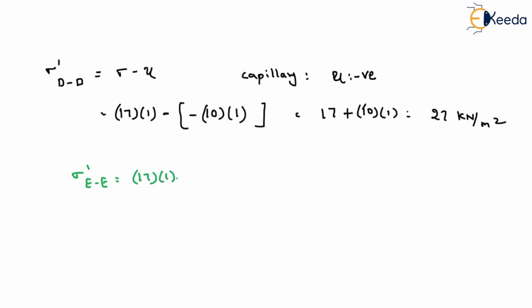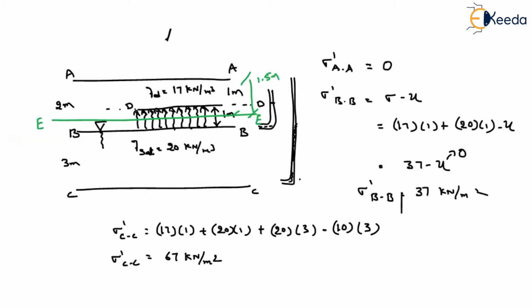17 into 1 plus capillary action, weight density is 20. What is the remaining value? 0.5. Minus, what will be the pore water pressure? What is the distance between the free water surface to the point where you are finding? From here to here, what is the distance? From total it is 1.5.